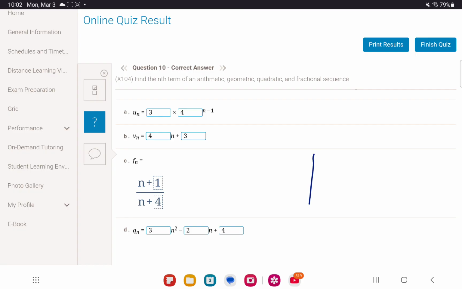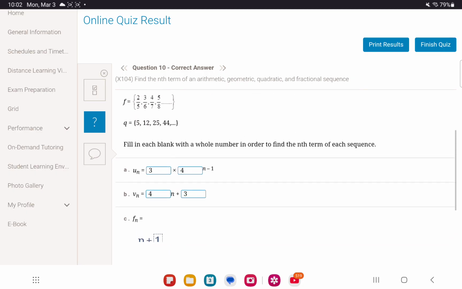Now the last part is not tricky when you know the rules. First, we can find what type of progression it is. So first we do 12 divided by 5, you get 2.4.